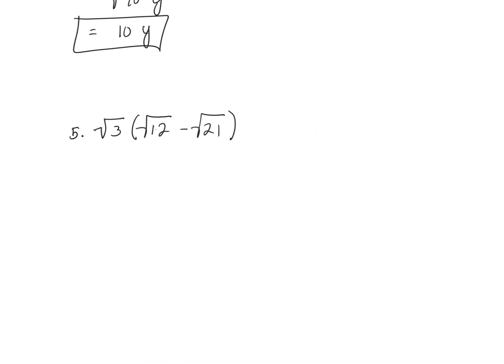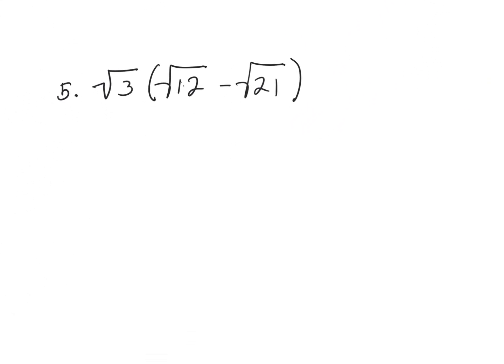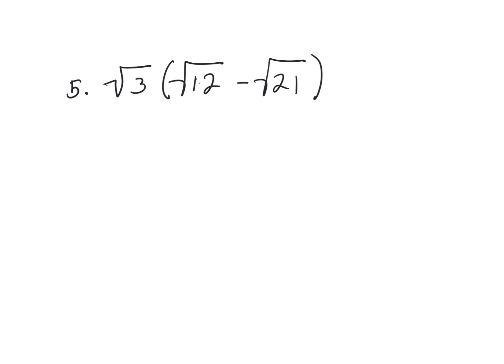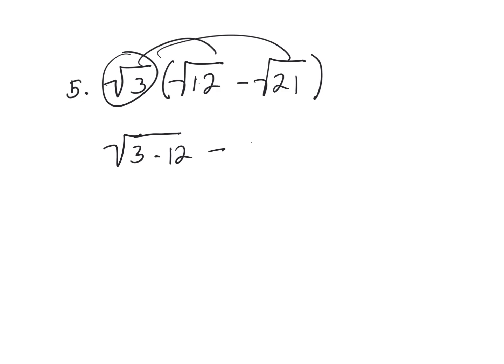Okay, number 5. The square root of 3 multiplied by the quantity root 12 minus root 21. So first thing we're going to do is distribute this monomial. That's going to give you root 3 times 12 minus root 3 times 21.